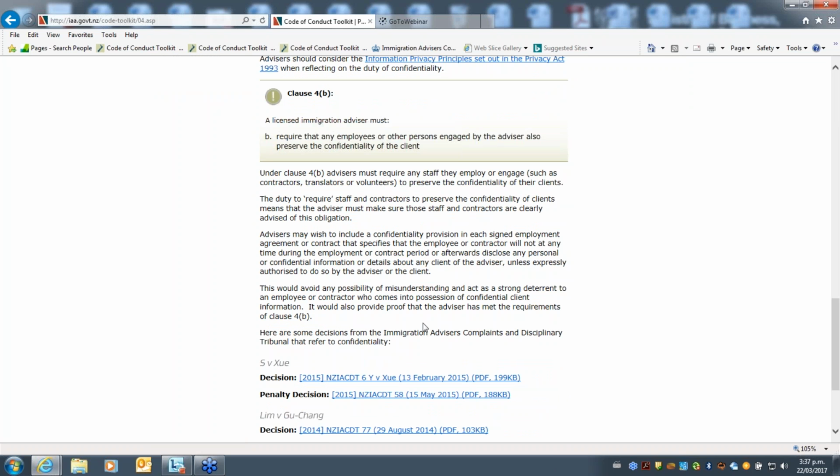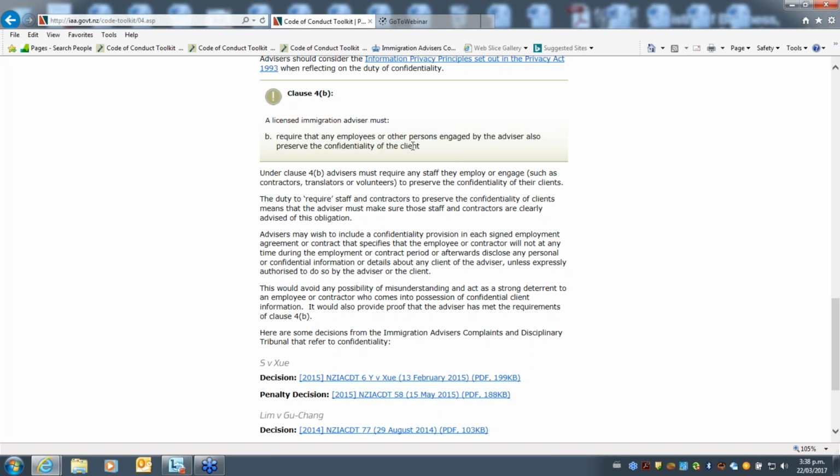Clause 4B requires that you require any employees or other people engaged by the advisor to preserve the confidentiality of the client. Now, it's worded in this way because we appreciate that you can't always ensure that they do keep the confidentiality, but you can establish a requirement.